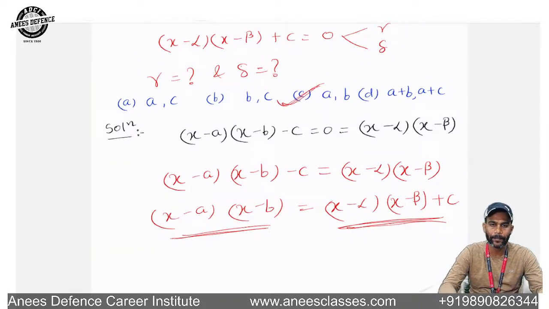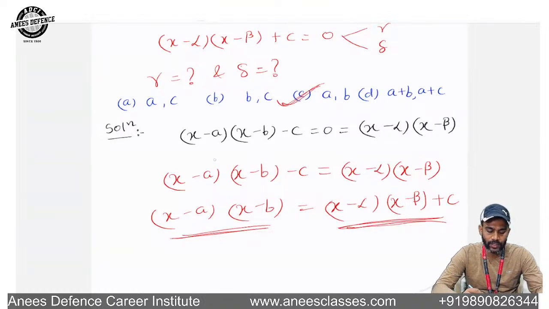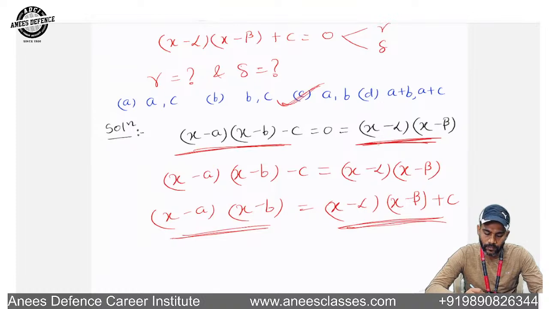What I have done, since the roots of the equation x minus a into x minus b minus c is equal to 0 are alpha and beta, so I can write x minus a into x minus b minus c is equal to x minus alpha into x minus beta. Now what I can do, I can just shift this minus c on the right.